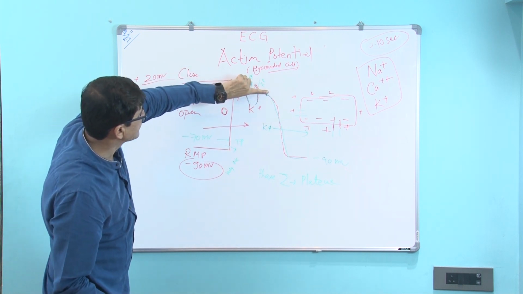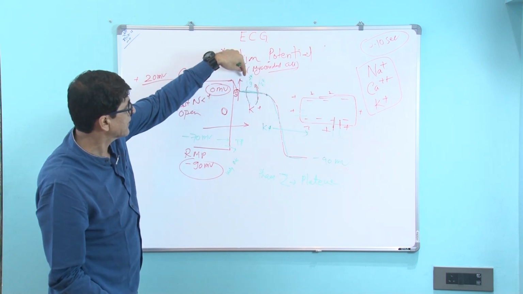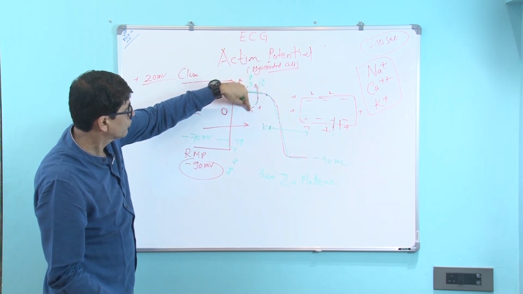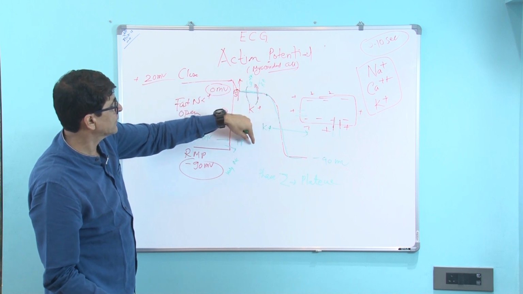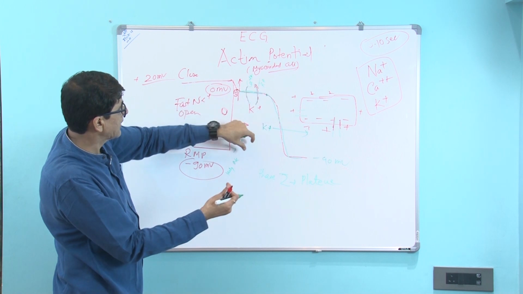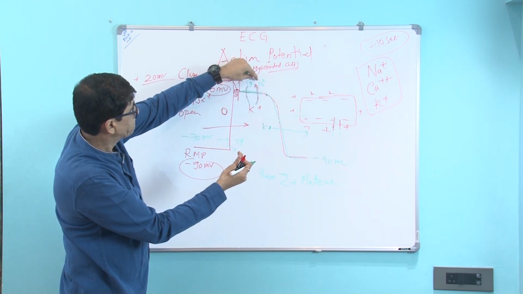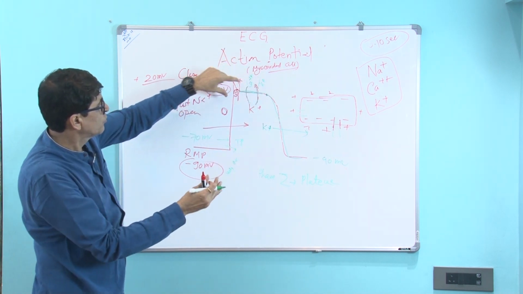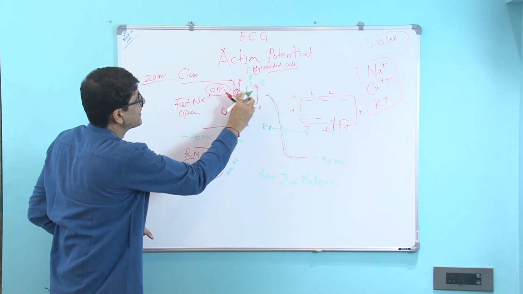Again it is maintained here because calcium is coming in for cardiac contractility. Ultimately it stimulates the sarcomeric calcium, and potassium is out. So this is a balance, and this phase is the plateau phase.